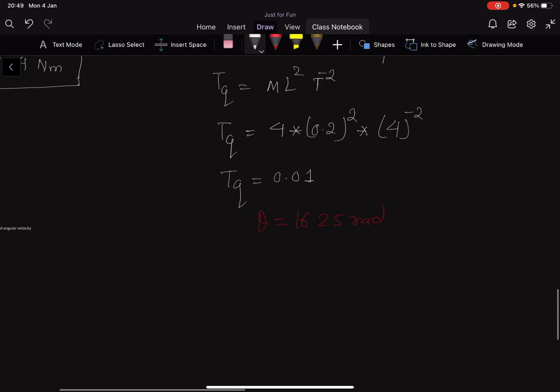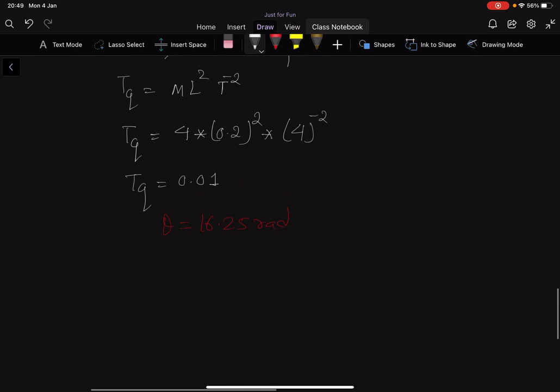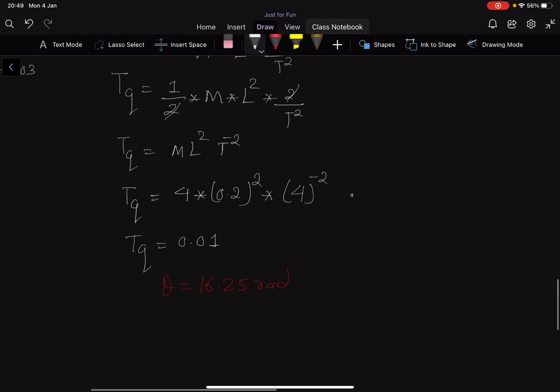So our torque is going to be 0.01 times 16.25, and if we multiply that, we are going to get 0.1625 Newton meter, and that's our torque.